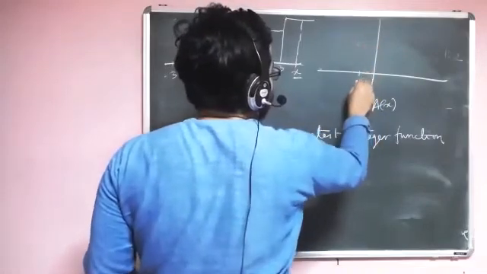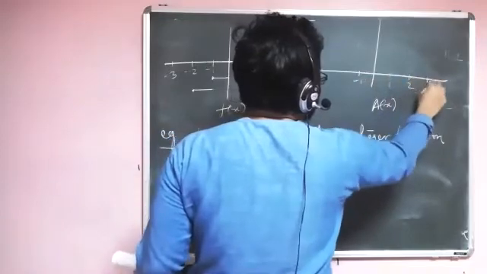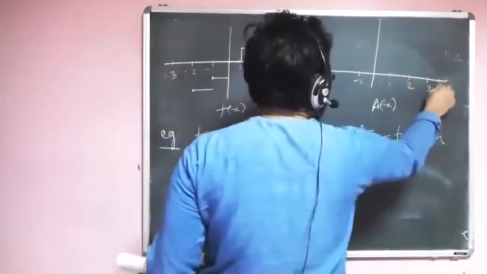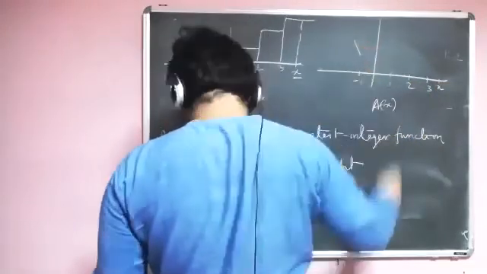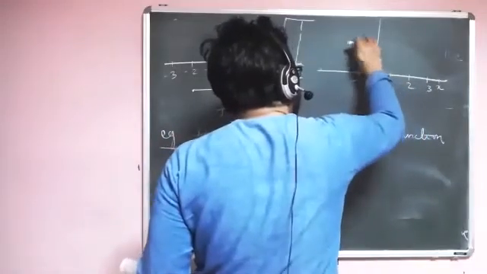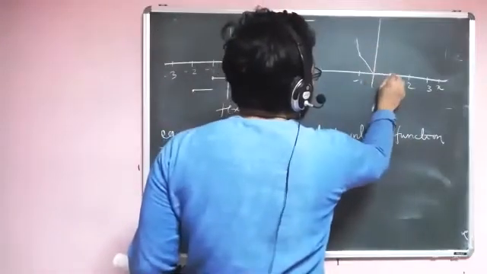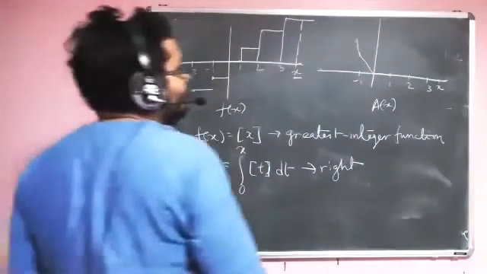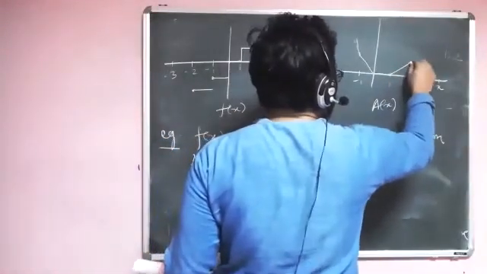Let me mark it, -1, then 1, then 2, then 3, right? And then some x, as we have drawn it. So it will go like this, this, then slightly this, right? Then it will be along this line because the area will not change, right? 0. So then again, I'm drawing an approximate function.